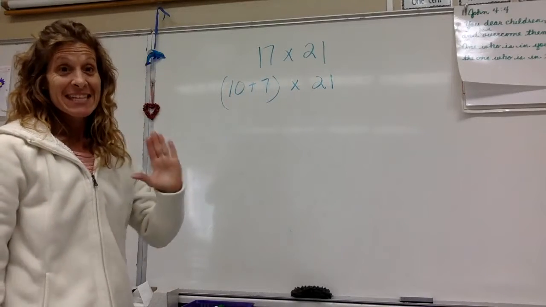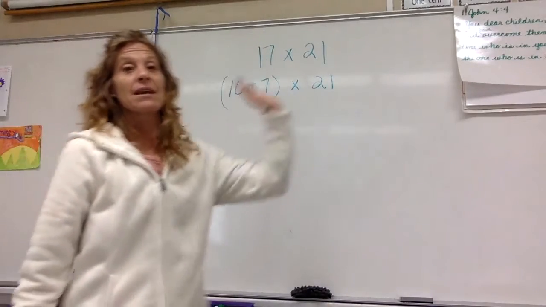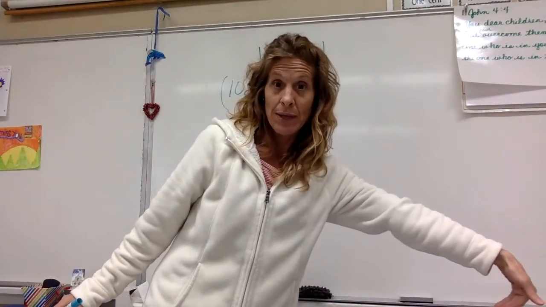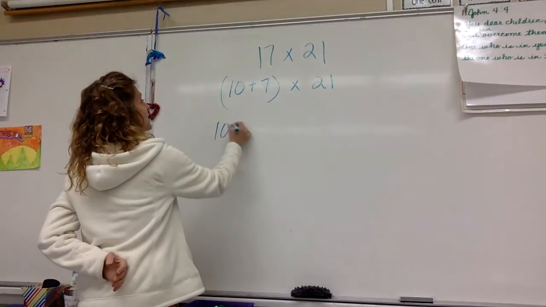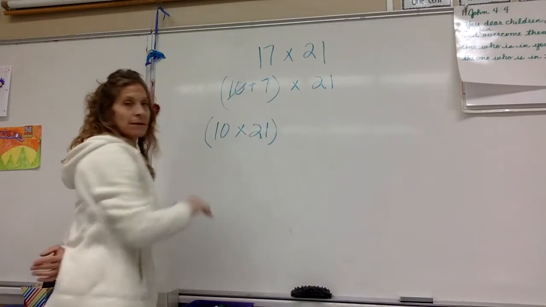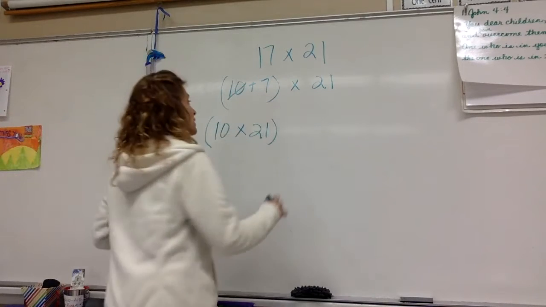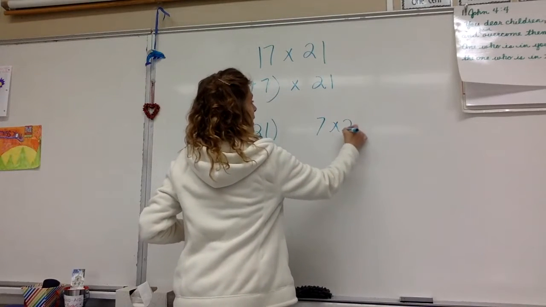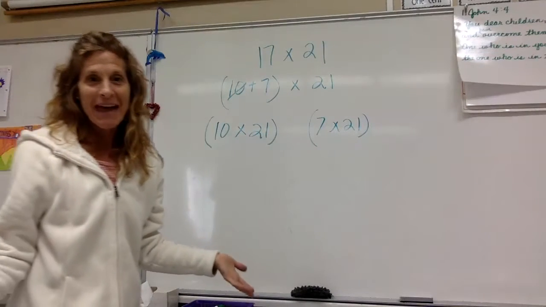Now, the 10 has to be multiplied by the 21, and the 7 has to be multiplied by 21. So let's write that down. 10 times 21. Okay, we're done with the 10. Now it's the 7's turn. So we'll write that down. 7 times 21.